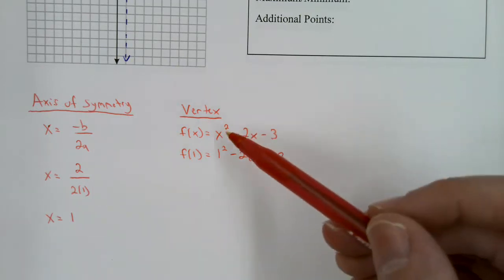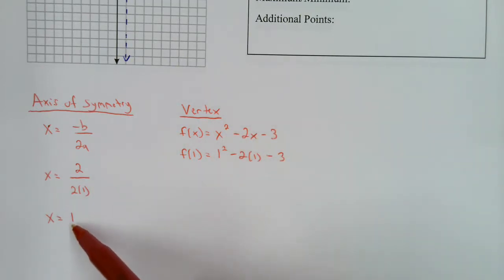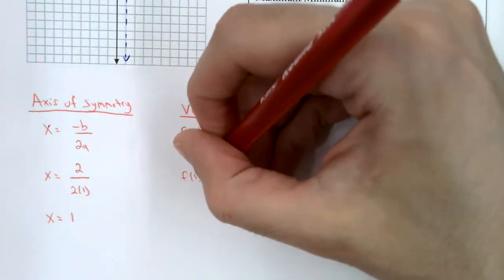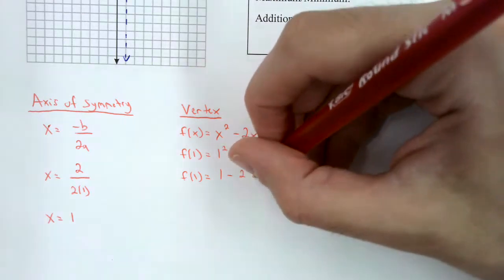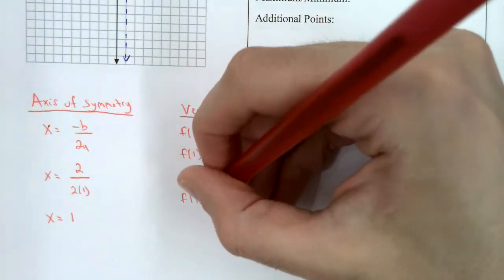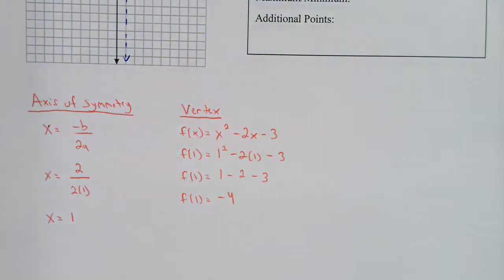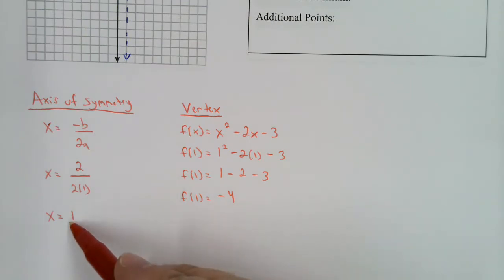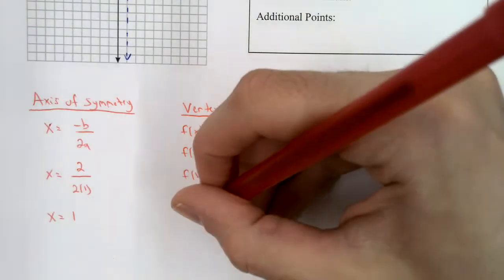I am replacing the x with whatever we got for the axis of symmetry. That's f of 1 equals 1 minus 2 minus 3, which gives me negative 4. Which means my vertex is 1, negative 4.